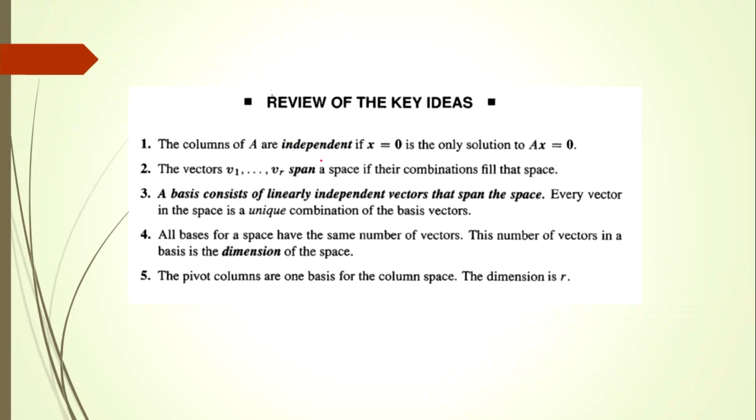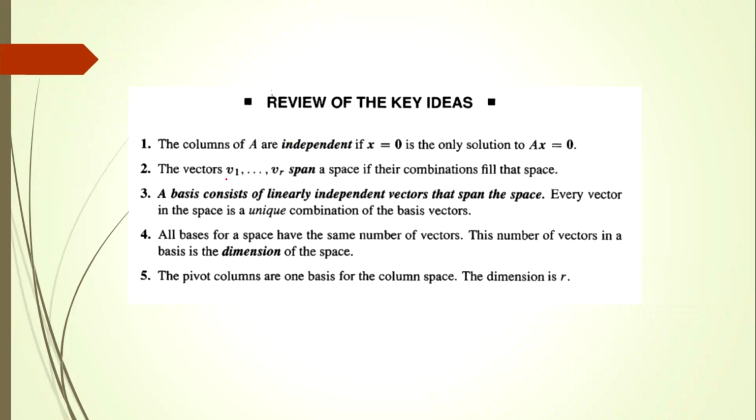That is one definition for linearly independent. If the zero vector is the only solution to Ax equals 0, then all the columns of A are pivot columns, and all the columns are linearly independent.